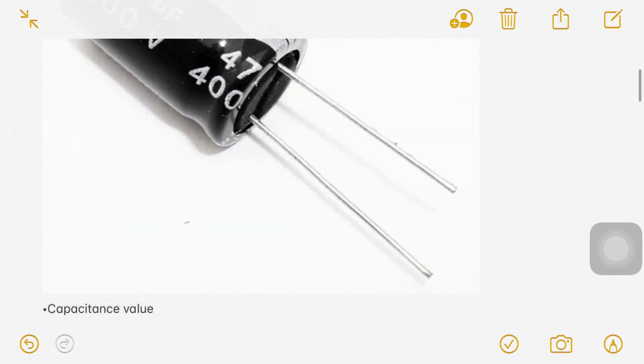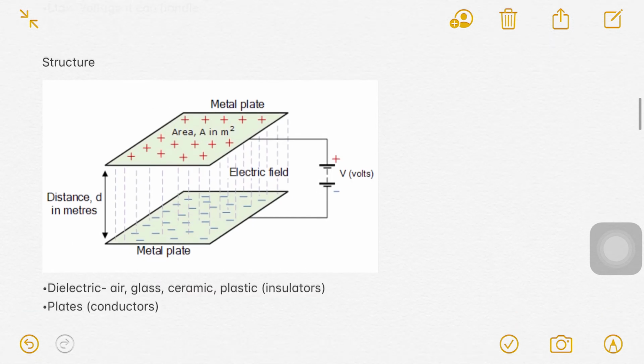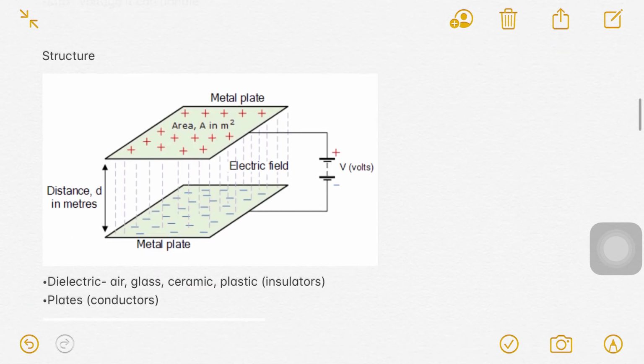So, now, structure ng capacitor. Ito yung picture ng structure ng isang capacitor. Sa loob, we have two metal plates or two conductors. And in between these two conductors is tinatawag nating dielectric. Yung ginagamit na material dito sa mga plates, which is conductor, is usually aluminum foil.